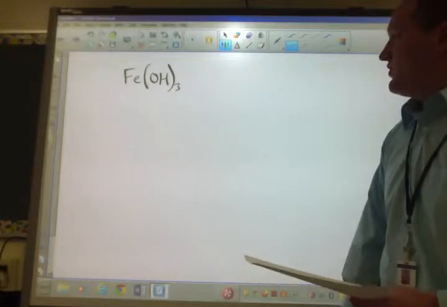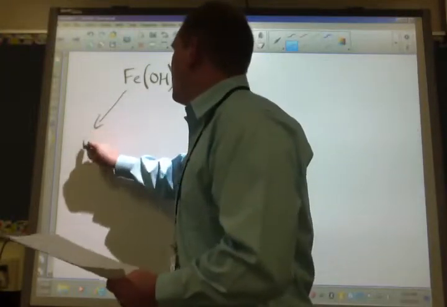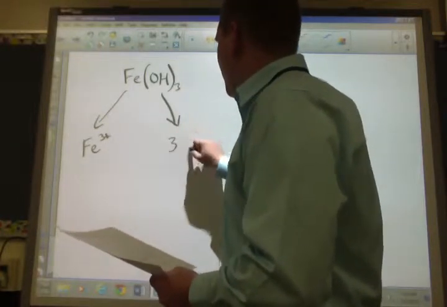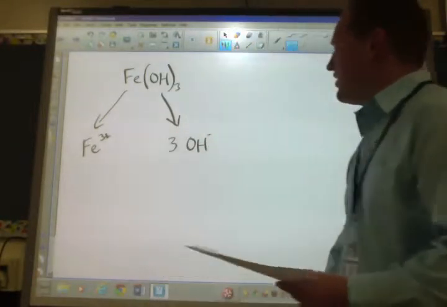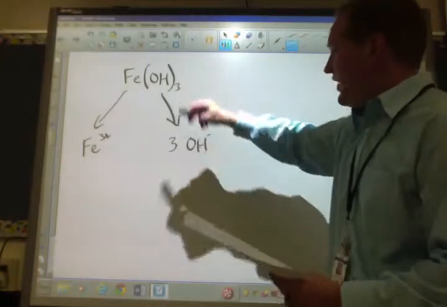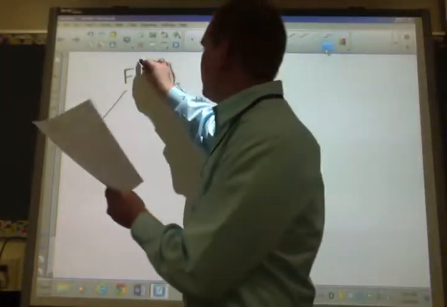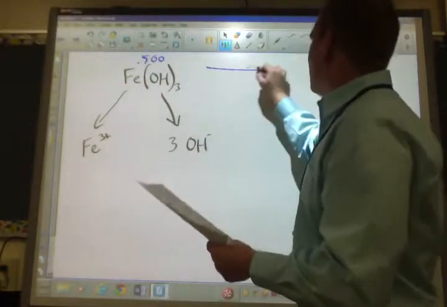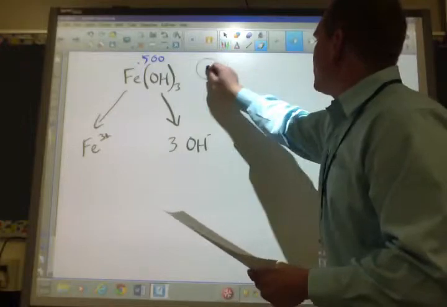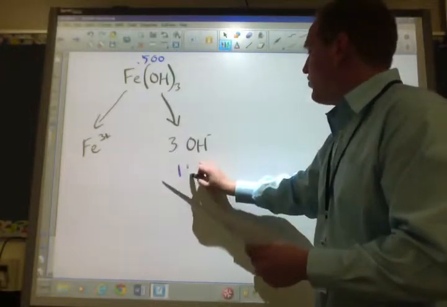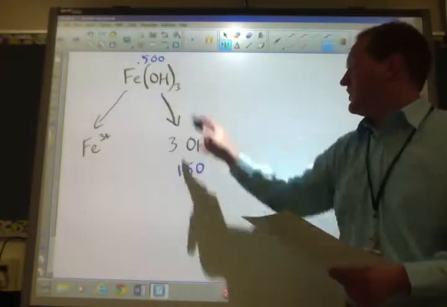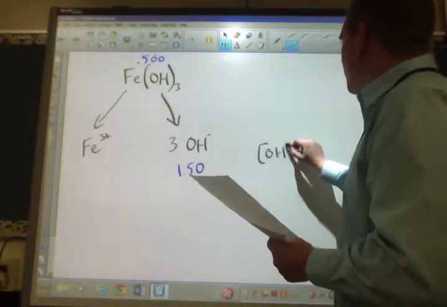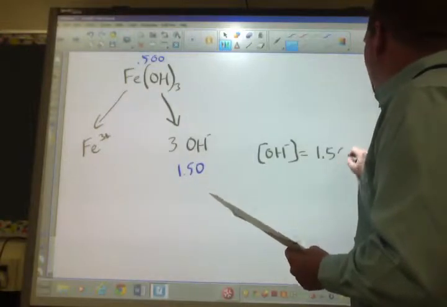So if this fully dissociates, it's going to break down into one iron, which is iron 3, and 3 hydroxides. So again, for every one of these, we get 3 hydroxides. So if my concentration of this is 0.500, then my concentration of OH minus, I can just draw it down here, is going to be 1.50. Because for every one of these, I get 3 of these. So this tells me my OH minus concentration equals 1.50.